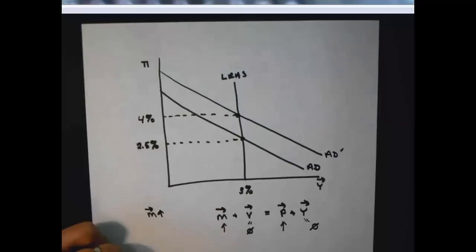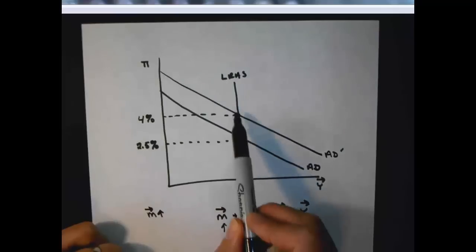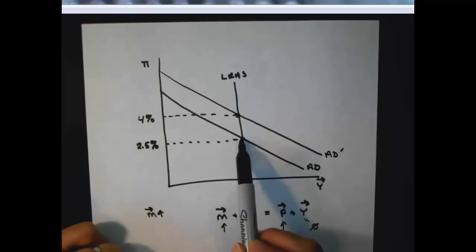And finally, if you're talking about a monetary contraction, that would lead to a decrease in spending growth. So if the Fed decides to slow down the growth of the money supply, you would have the opposite. The slowdown in the money supply will lead to a reduction in the inflation rate, or what we know as disinflation, potentially even deflation if they decrease it too much.